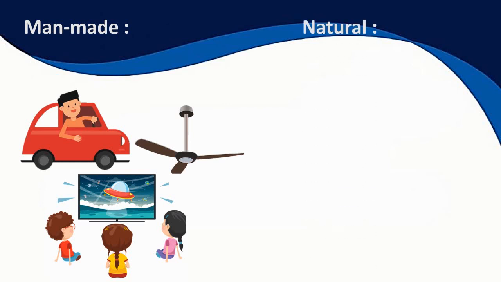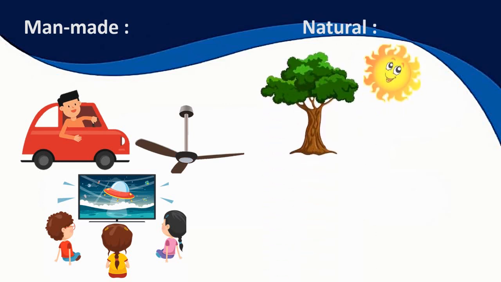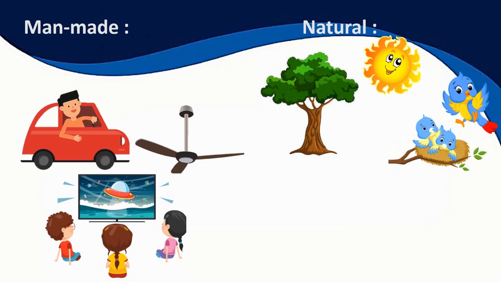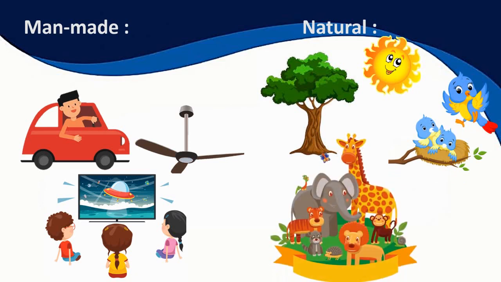Natural: tree, sun, birds and animals. Similarly, there are different types of machine. Some of them need electricity and some need human power, while some need fuel, diesel or petrol to work.